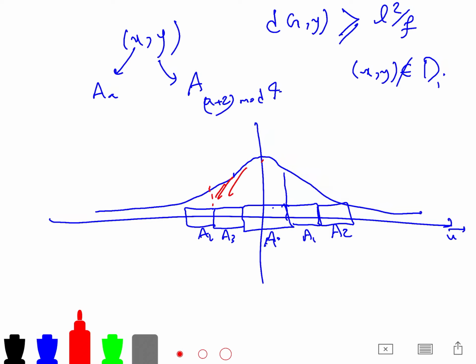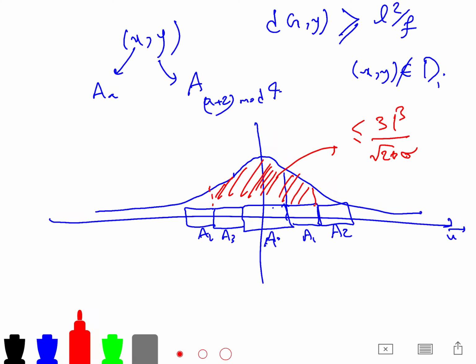Most of the mass is concentrated here until A1, and that's enough, because this mass is so big, but it is less than 3 sigma, and so this is the distribution of projected edge length. So if Y falls into the light shaded interval, we can say that X and Y is a split, and with high probability it occurs, and that is interesting.